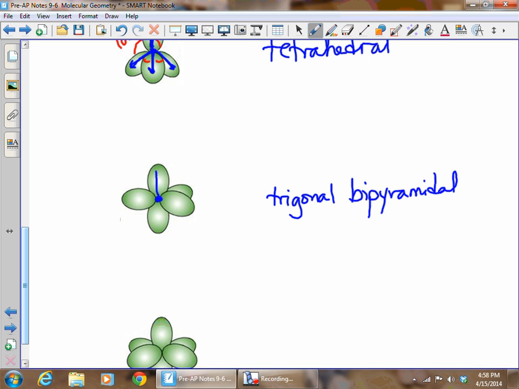I think of this as being the head, and I'll put little eyes on. Whoa, his eyes are awfully sideways. Let's do better eyes than that. So here are his little eyes, and he's hopping around on his little pogo stick. And he is reaching out towards you to give you a hug, and behind him is his tail. If you can imagine it like that, that's your trigonal bipyramidal structure.